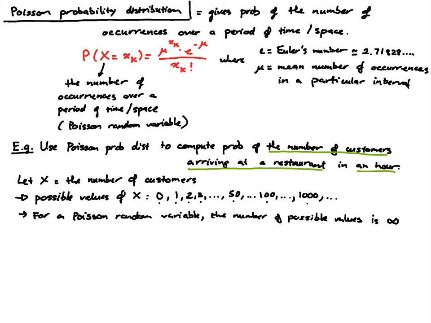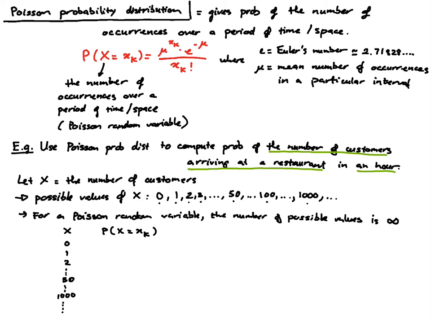So let's say you want to construct a probability distribution for a Poisson random variable. You're going to have x, and then the probability that x is equal to x sub k. For x, you may have 0, 1, 2, 50, 1,000, and so on.